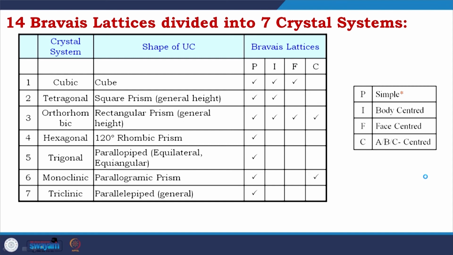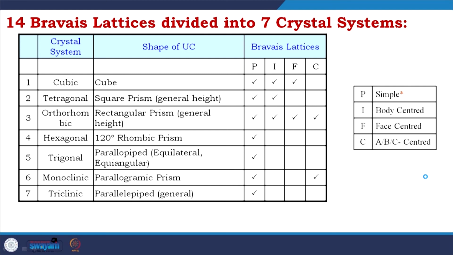So, the 7 crystal systems are cubic, tetragonal, orthorhombic, hexagonal, trigonal, monoclinic and triclinic. The cubic crystals have the shape of a cube, tetragonal a square prism, orthorhombic a rectangular prism, hexagonal a 120 degree rhombic prism, trigonal a parallelepiped, monoclinic a parallelogramic prism and triclinic a parallelepiped.